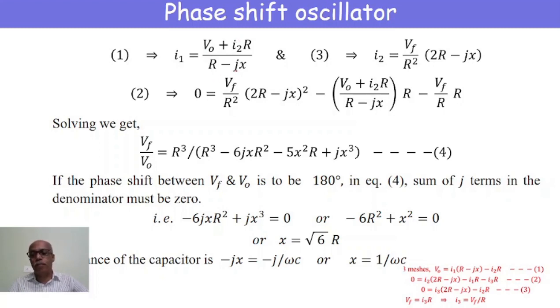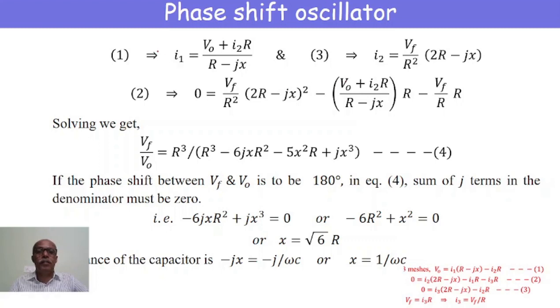Similarly, equation 3 implies I2 equals Vf by R square into (2R minus jX). Similarly, equation 2 implies Vf by R square into (2R minus jX) whole square minus (V0 plus I2R) whole divided by (R minus jX) into R minus Vf by R into R.